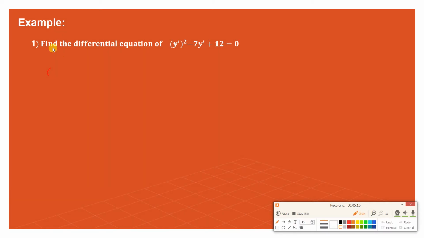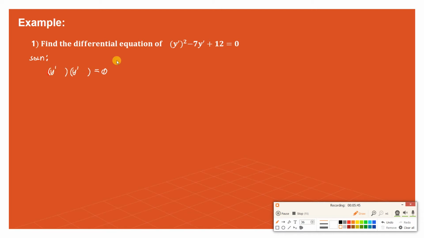Okay, so we're going to create two parentheses and solution equals to 0. So since it's y prime, so we have y prime and y prime.